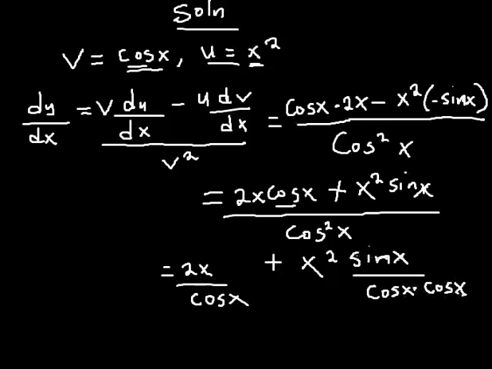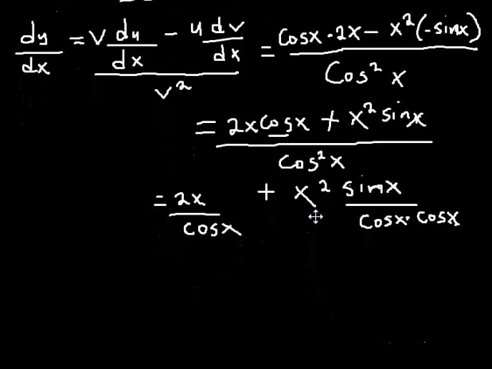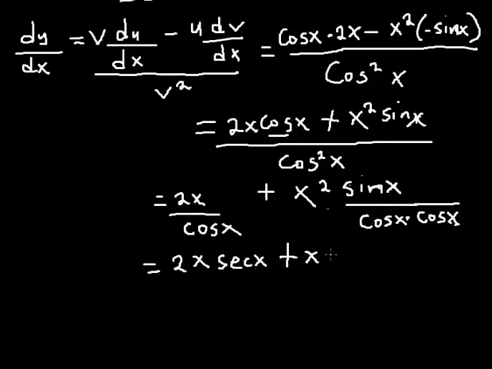So in trigonometry, we know already that sin x all over cos x is tan x, and 1 all over cos x is giving us sec x. So this is now going to be 2x times 1 over cos x, which is sec x, plus x squared, then sin x over cos x, that's tan x, and of course 1 over cos x, that's sec x.